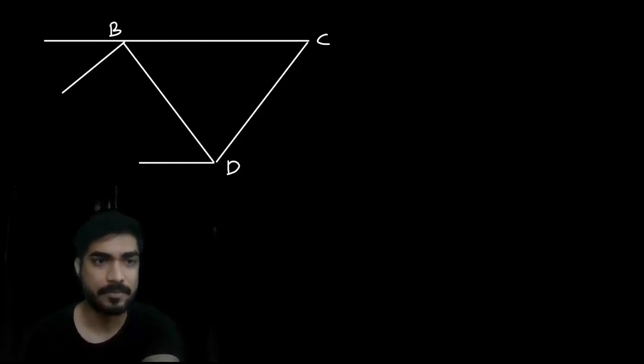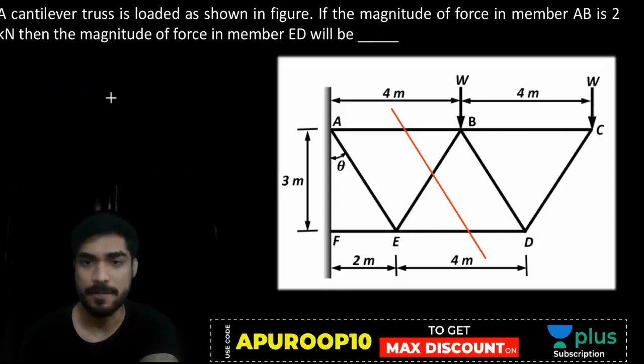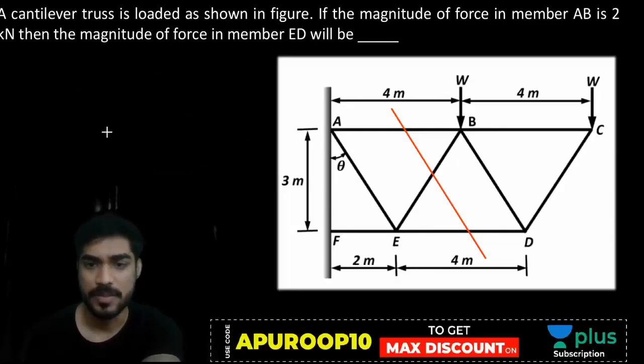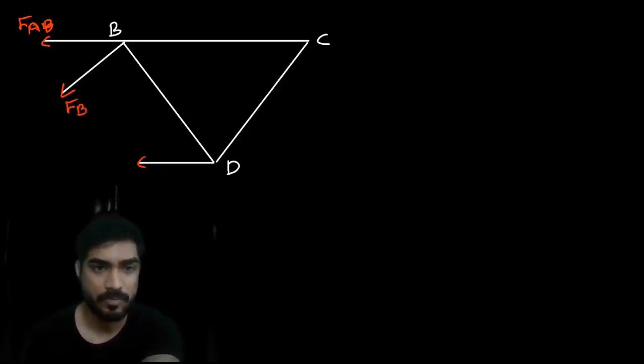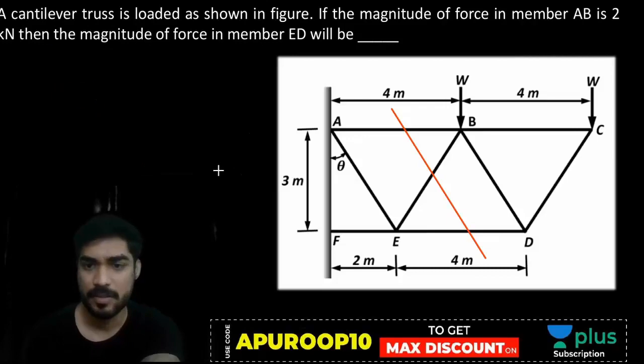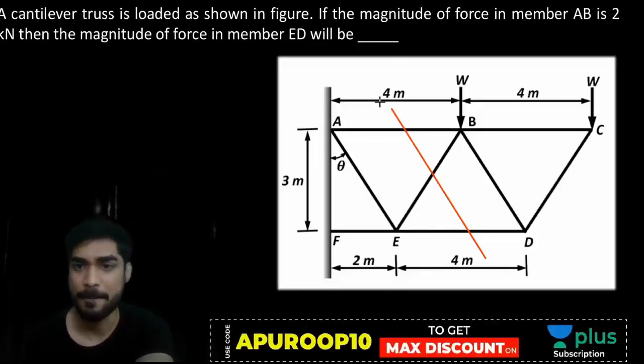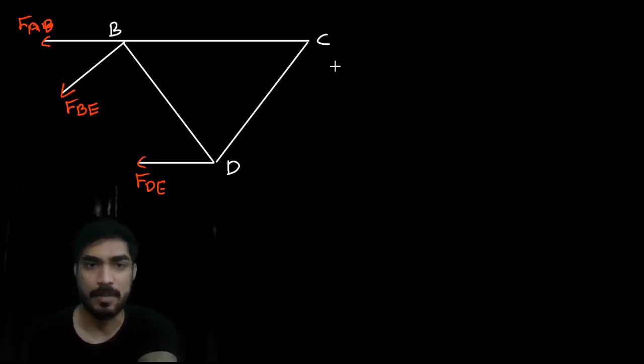Force FAB, this is FBE, this is FDE. There are two forces, W and W.